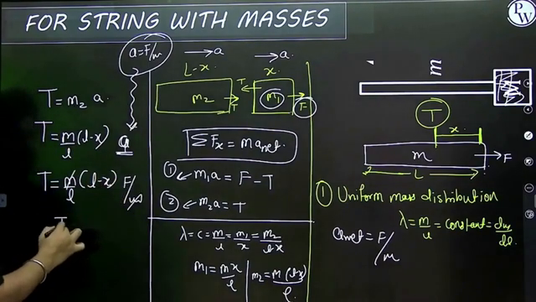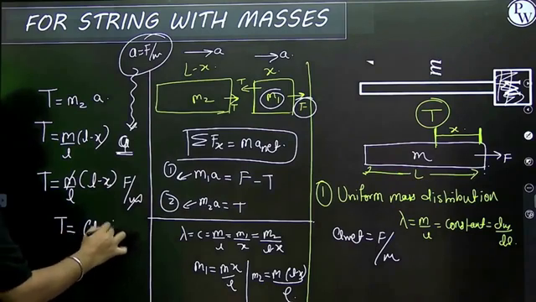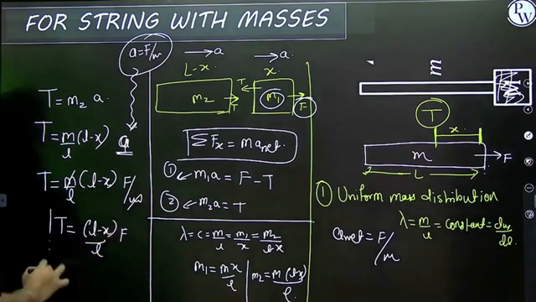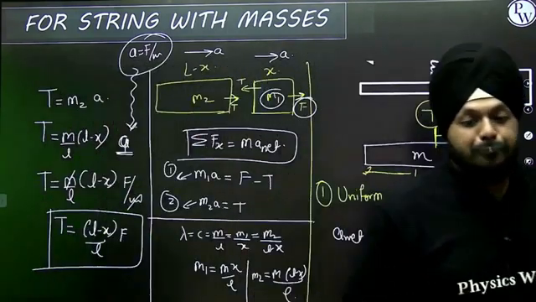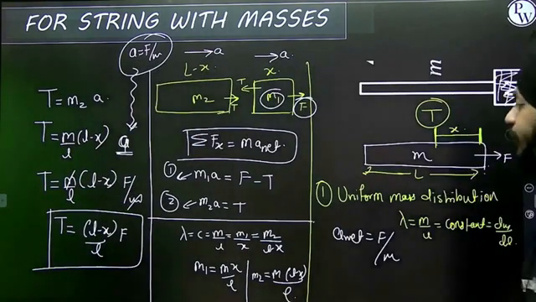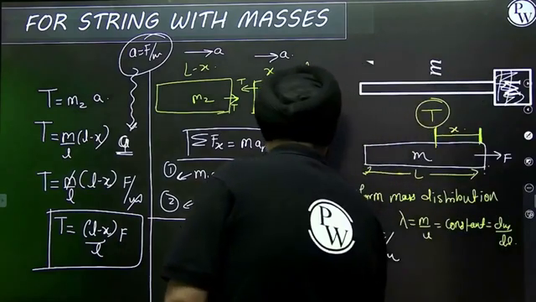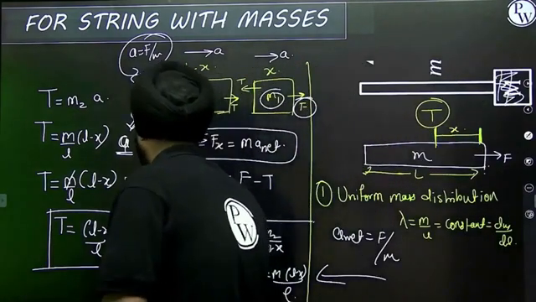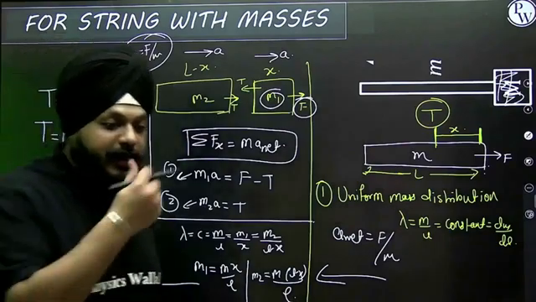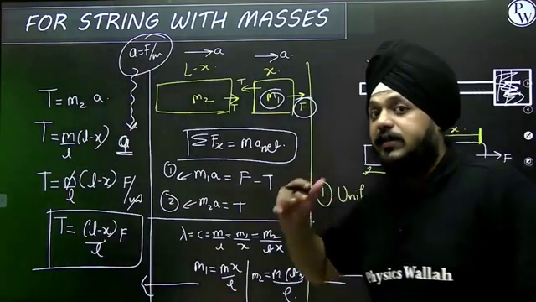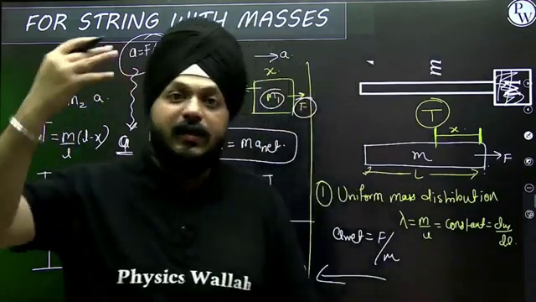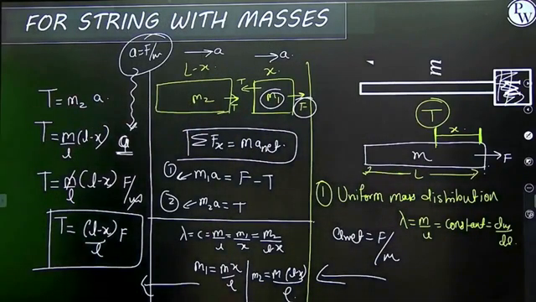This m cancels, and this is the value of the tension. This is how it is calculated, using the equilibrium of the forces, for the case of tension with mass m.